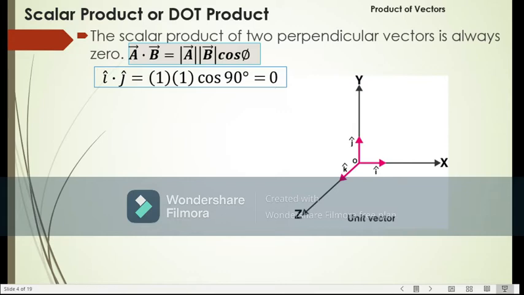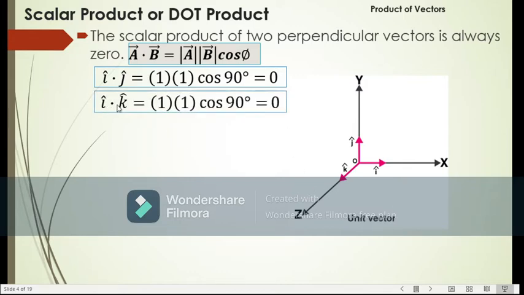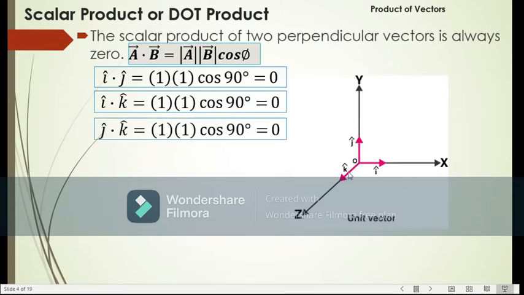The same also goes with the other vectors that are perpendicular to each other, such as i dot k. As you can see, i and k are also 90 degrees to each other. So i dot k will also give a result of 0. We also have j dot k. j and k are also perpendicular to each other, and therefore the result will also be 0.